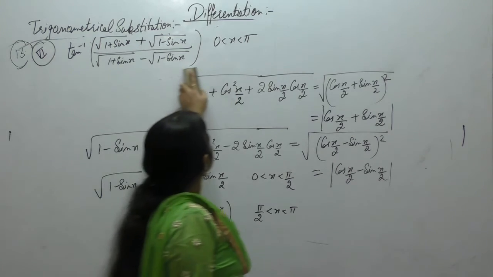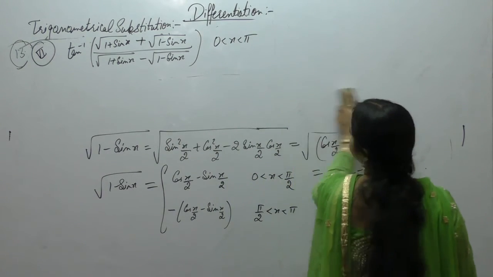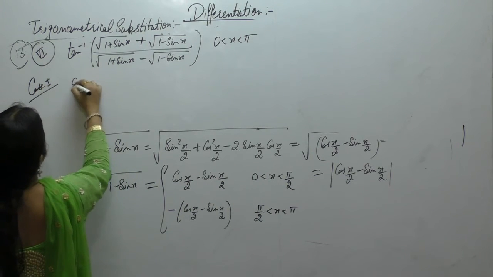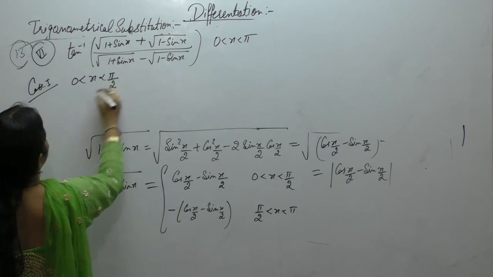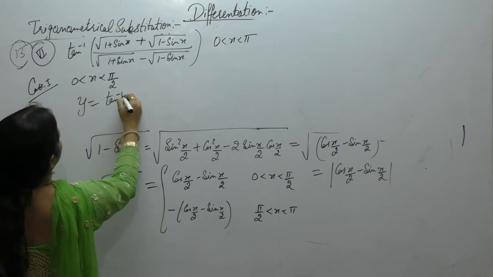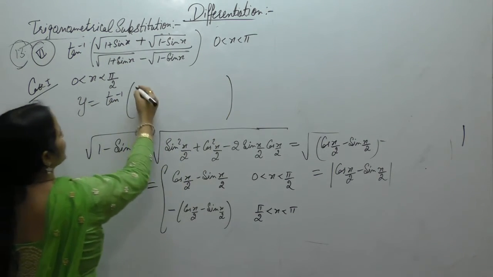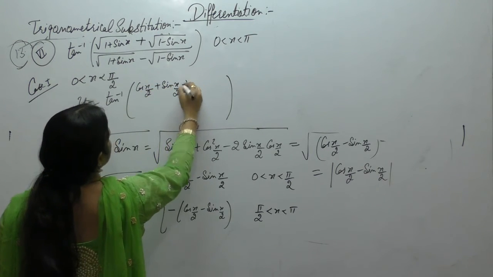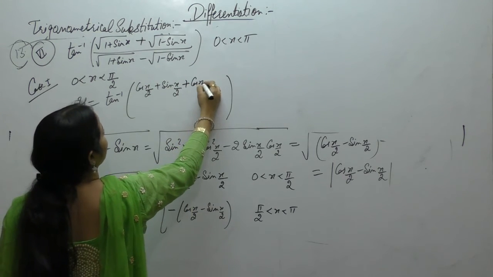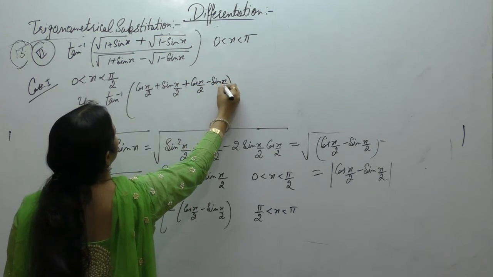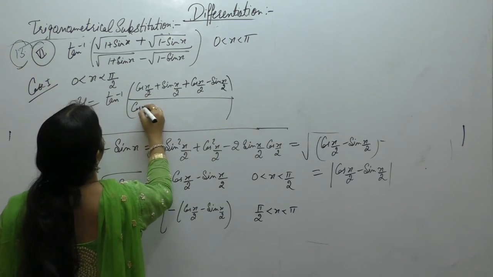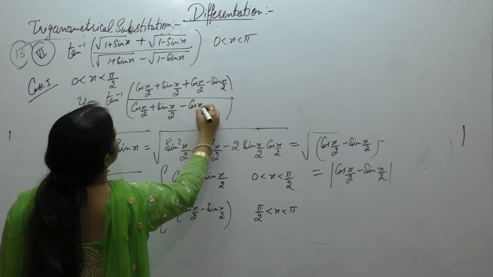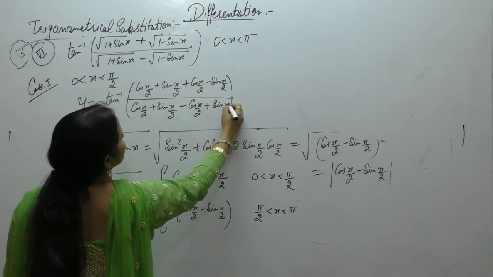Now the first case, case 1, is when 0 is less than x less than pi by 2. Then we get 1 plus sin x is cos x by 2 plus sin x by 2, plus this, cos x by 2 minus sin x by 2, upon cos x by 2 plus sin x by 2 minus cos x by 2 minus, minus plus here.